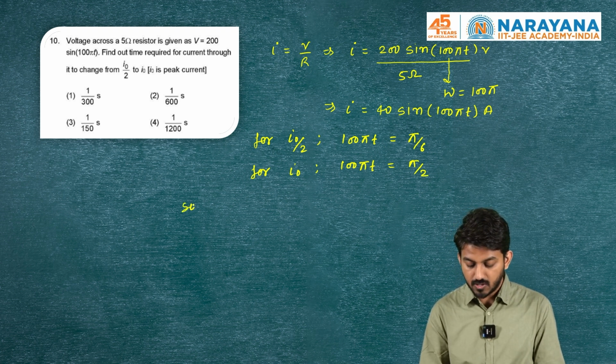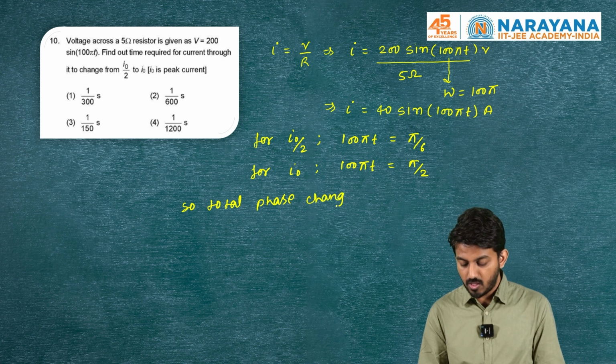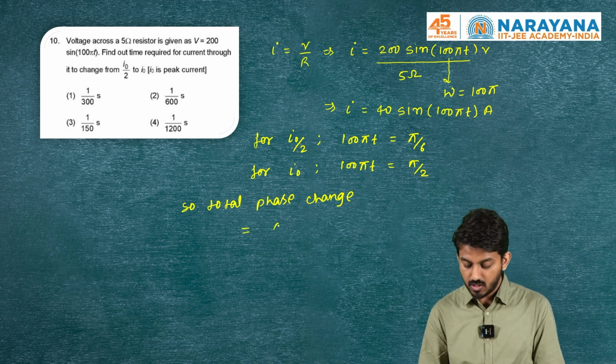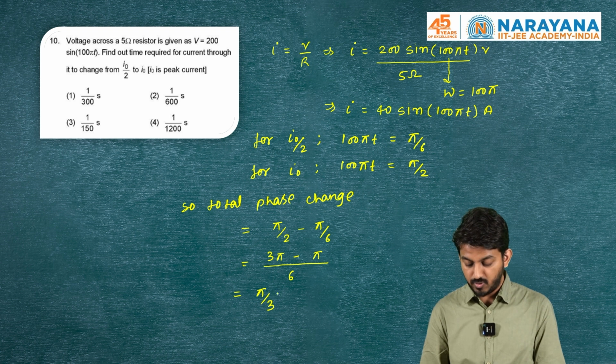So the total phase change, or angle turned by the phasor, as you can see, is equal to pi by 2 minus pi by 6, which is actually 2 pi by 6, equal to pi by 3.